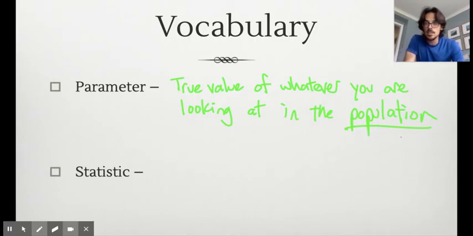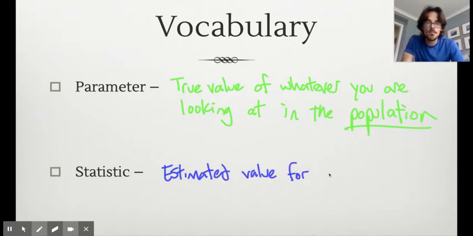In contrast to that, we have the idea of a statistic, and the statistic is going to be the estimated value for a parameter based on what we got in our sample.